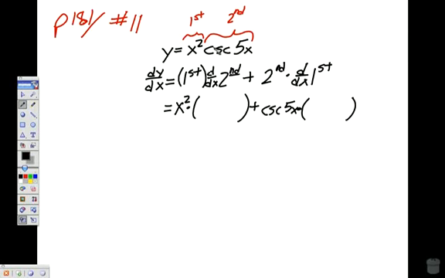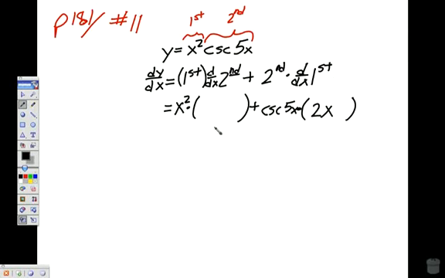Alright, let's see, of our two functions, one of them is easier to find the derivative of. The derivative of the first function is much easier. The derivative of x squared is just 2x. So the derivative of the first, 2x.